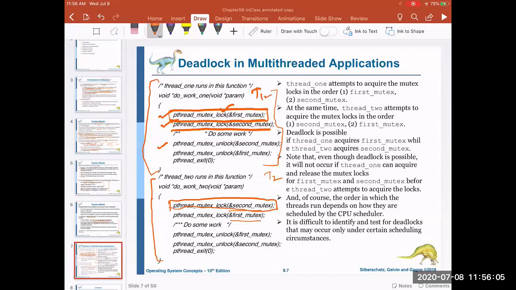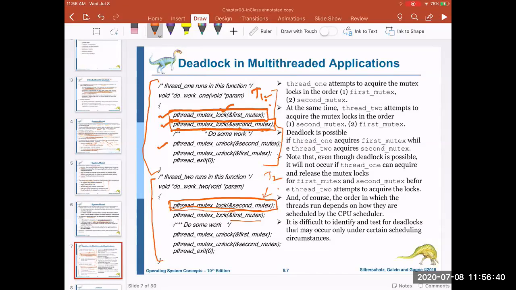T1 acquired the first mutex, T2 acquired the second mutex. Now, this is a hypothetical situation. This would run and this would run, then it again started running. So in this case, if this is running, then the second lock is already acquired by thread 2. It is not releasing it.